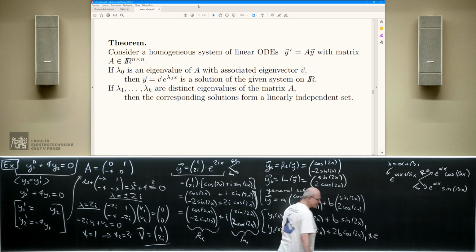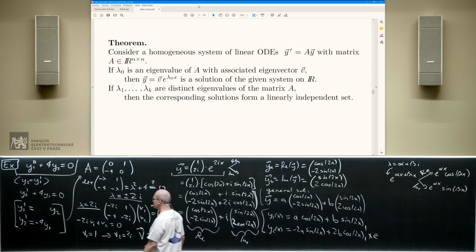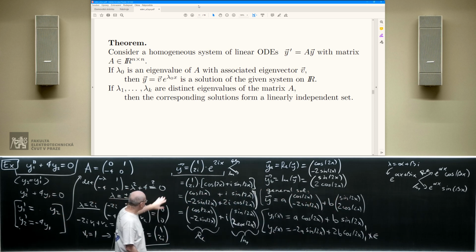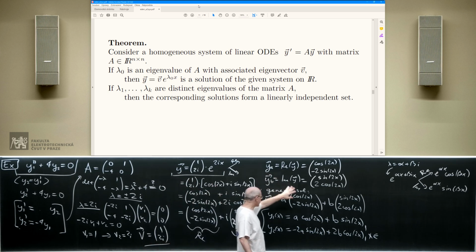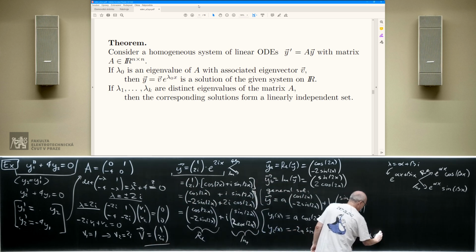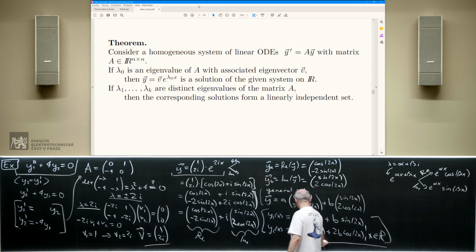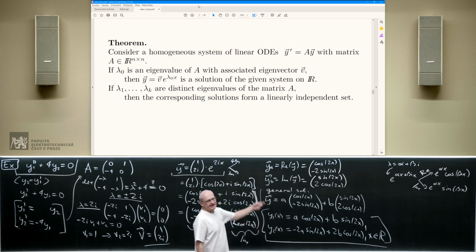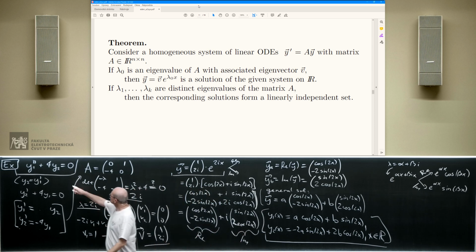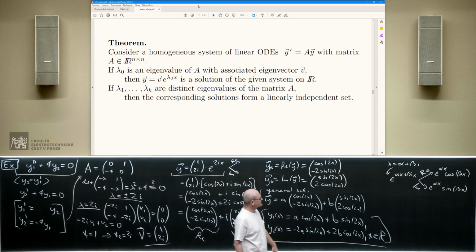X belonging to real numbers, probably. Is there any trouble in my system? No. Is there any trouble along the way? In the answer, no. X belonging to R. And we are done. And going back to my original question, now I discard y2, I just take y1, and that's the solution of the original equation. Hooray, we are done.